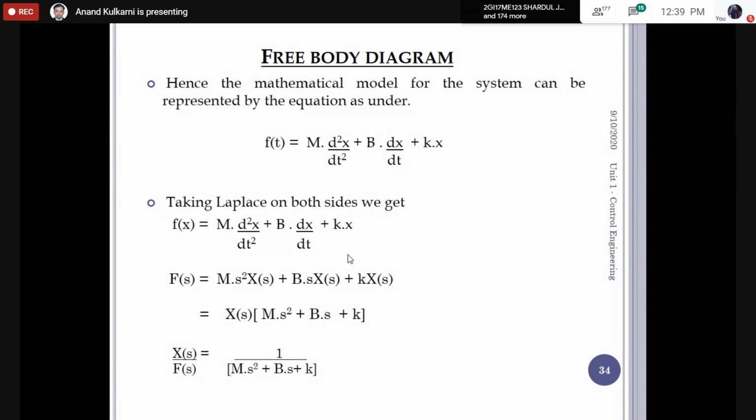The computer will solve. So for example, modeling of a human body. Suppose you want to do the human body model. For simplicity, you can make it a single degree of freedom system. You can make it a 10 degree of freedom system also. You can make it a 100 degree of freedom system also. If you make it a single degree of freedom system, on a piece of paper you can solve it.